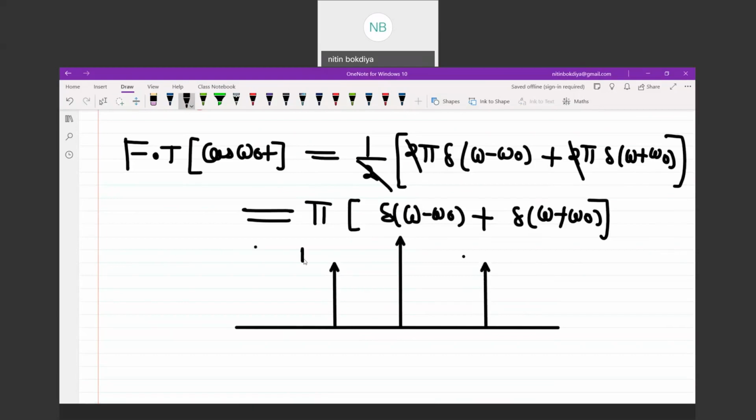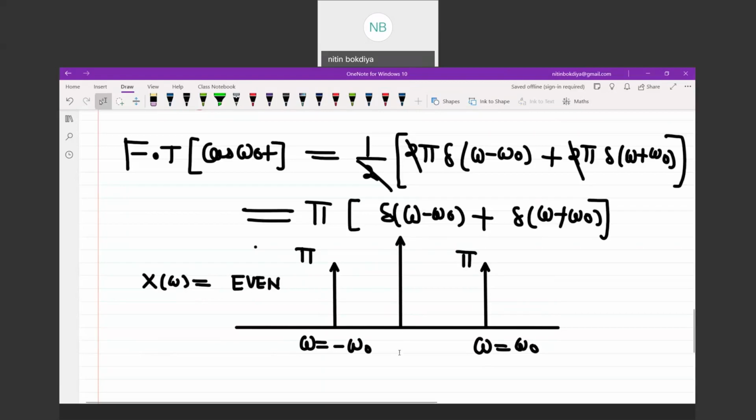So this is pi, this is pi, this is the impulse at omega equal to omega naught, this is the impulse at omega equal to minus omega naught. And this function is an even function of omega, so X of omega for cosine of omega naught t is which function? Even, because it is symmetrical about the vertical axis.